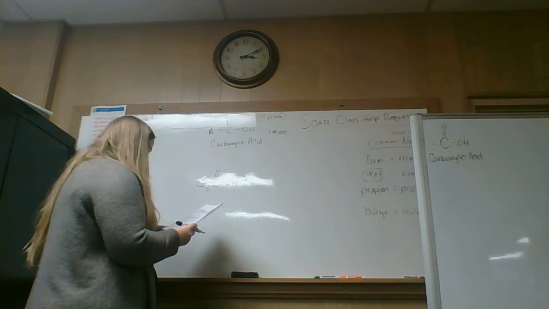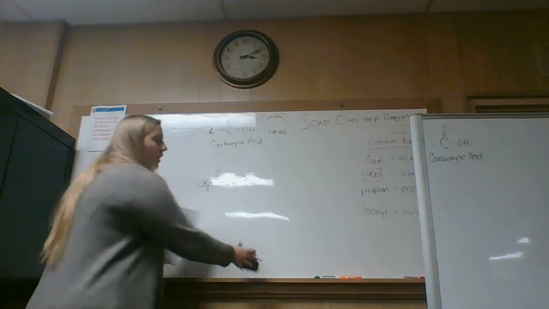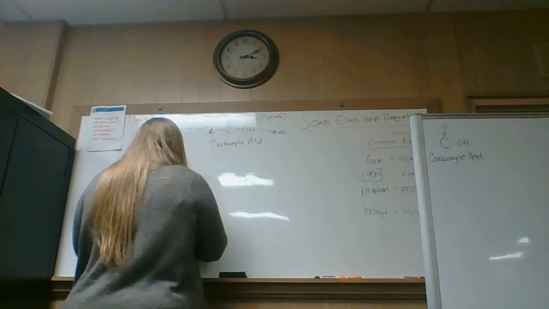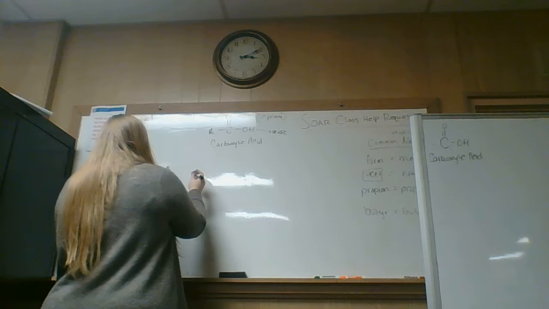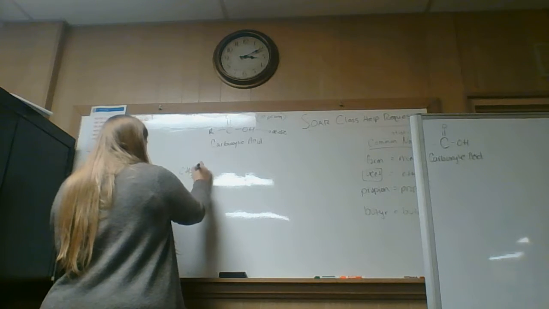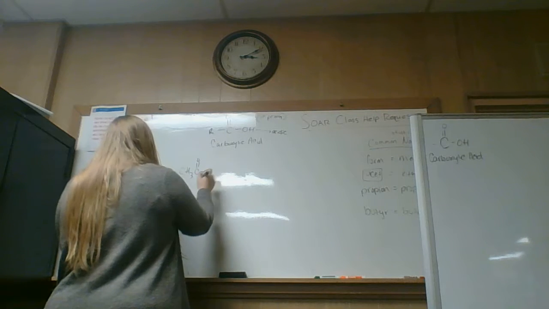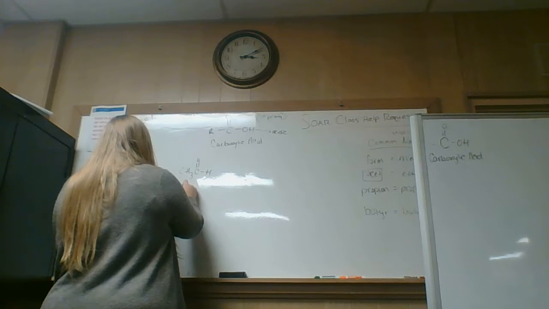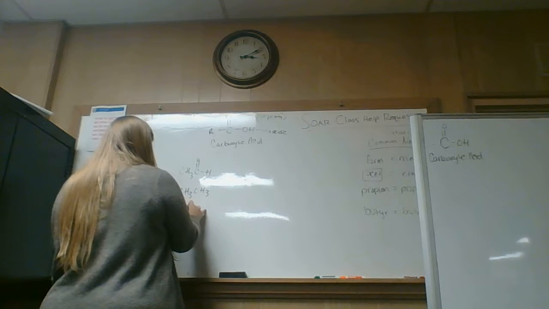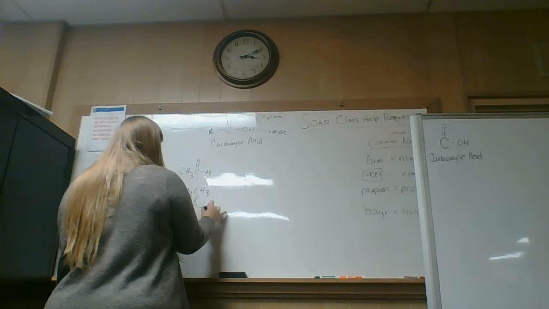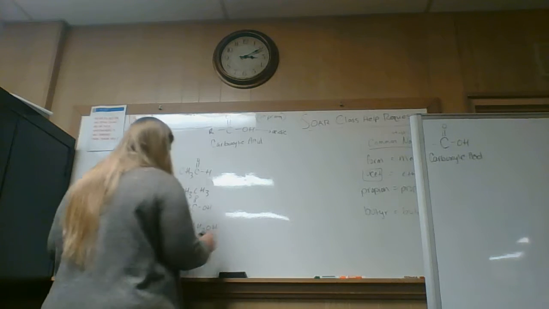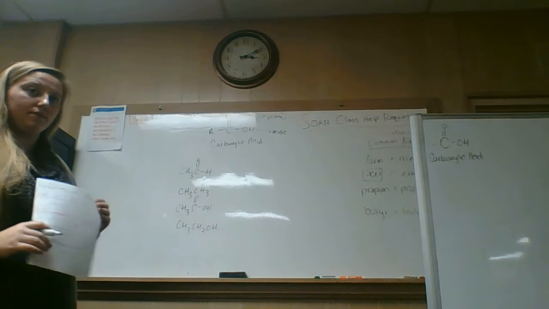Okay, very good. I wanted to do a little bit of an exercise with boiling points really quick, just to kind of review since it's just you and I. Okay, so we have 4 different compounds.